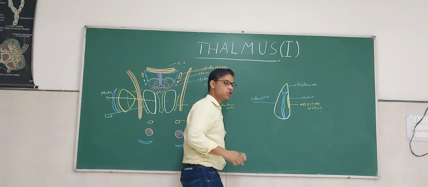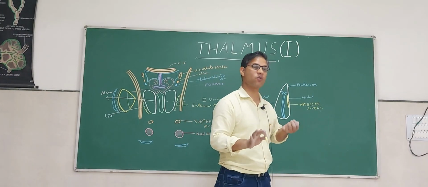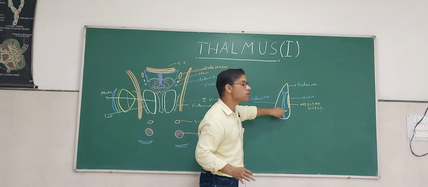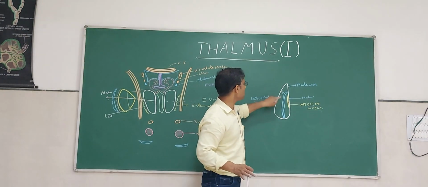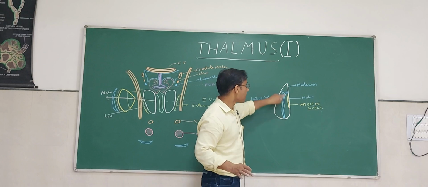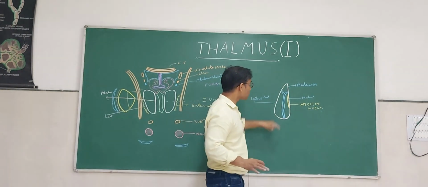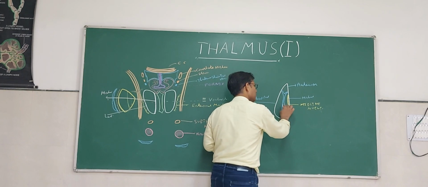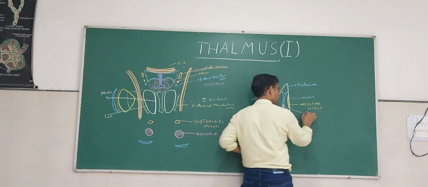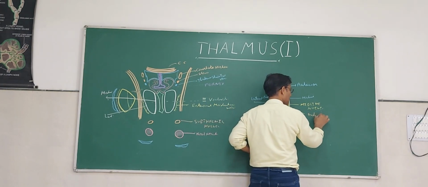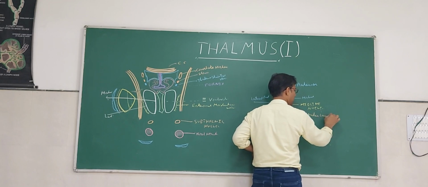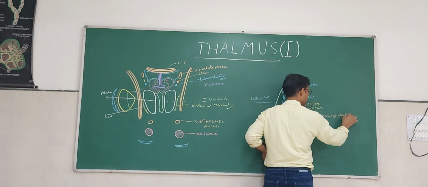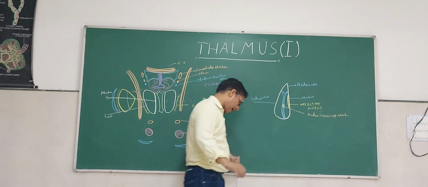This white strip, which is dividing the thalamus into anterior, lateral and medial parts, itself has some gray matter mass, and this is known as the interlaminar nuclei.